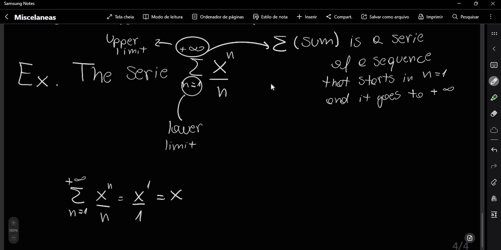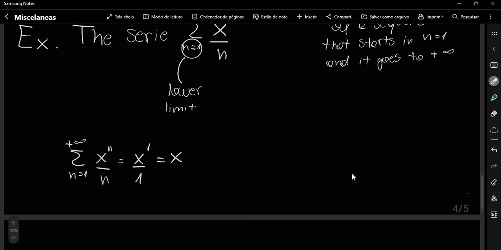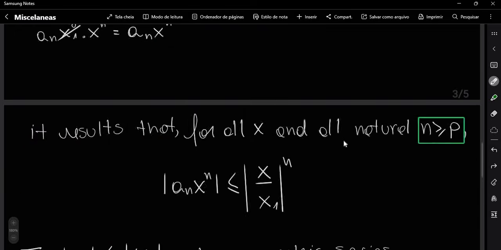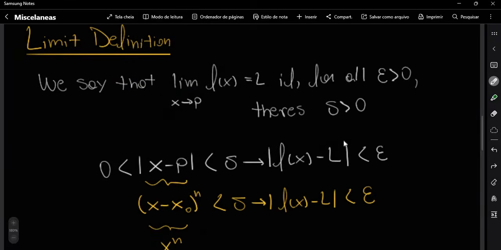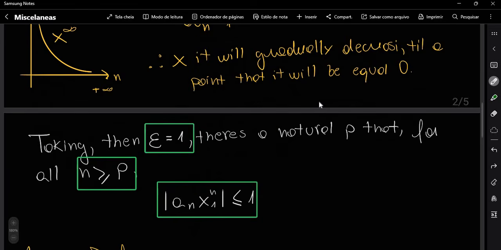But if you remember, right here we are imposing this condition. This is only true when the module of x is less than 1.